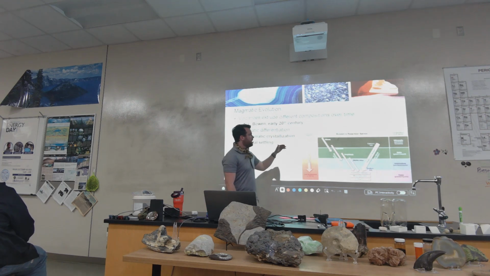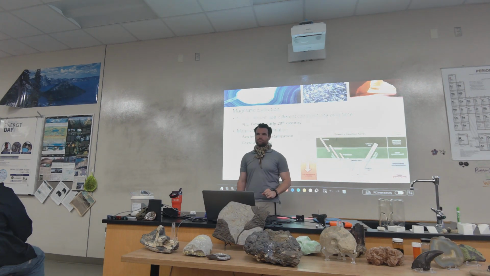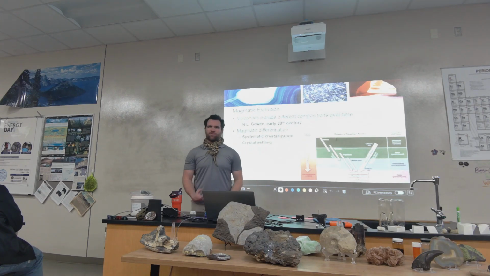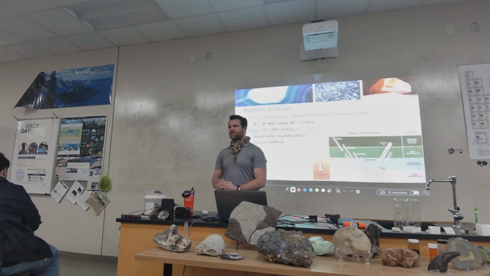So if I'm cooling off a magma, olivine forms first. I get to form olivines. Olivines are rich in iron and magnesium. They're the first dark silicate that forms. The more olivines I form into solid crystals, the less irons and magnesiums are left in the magma.